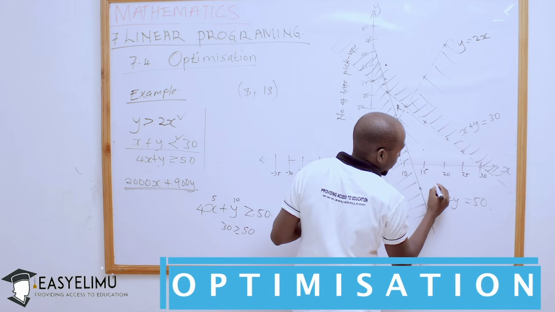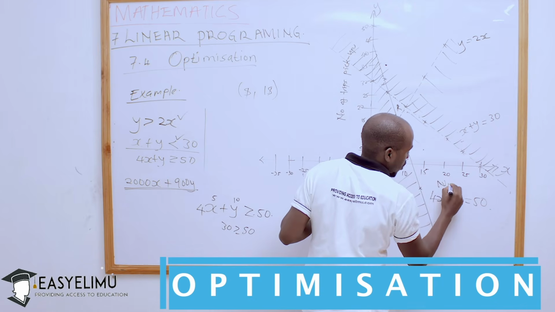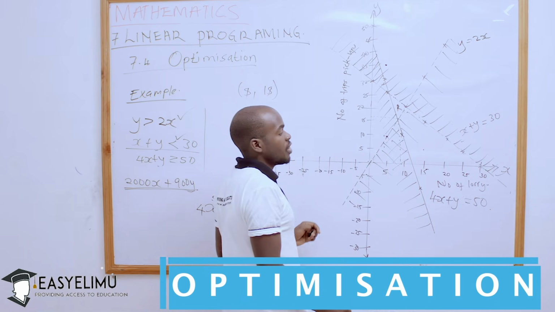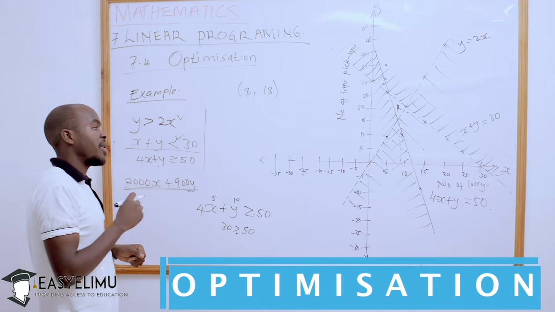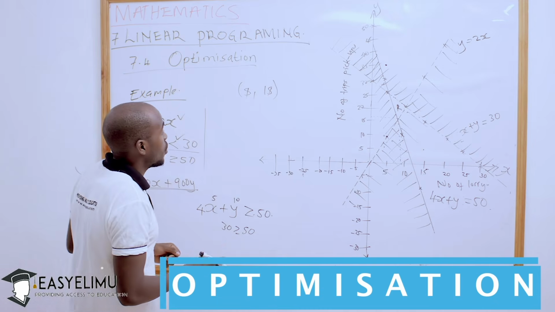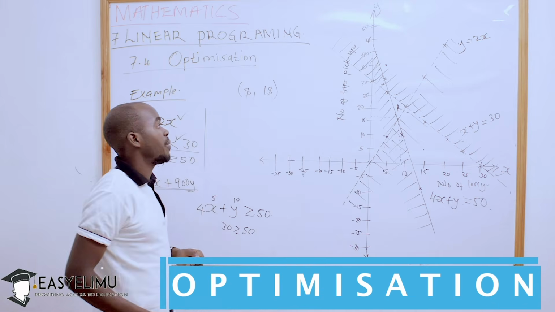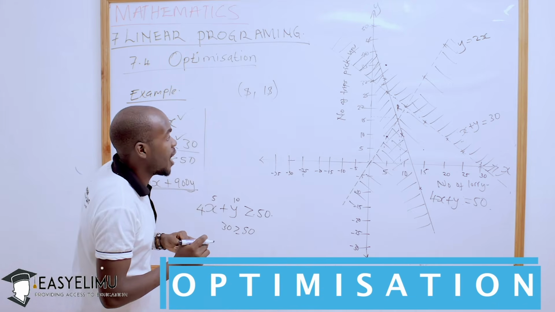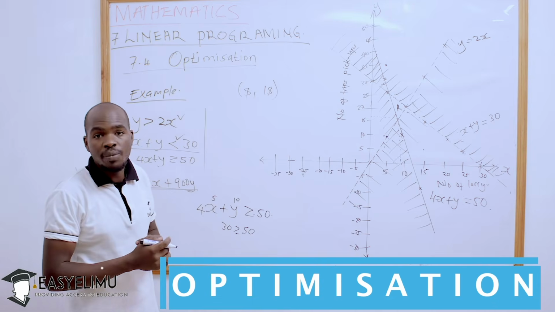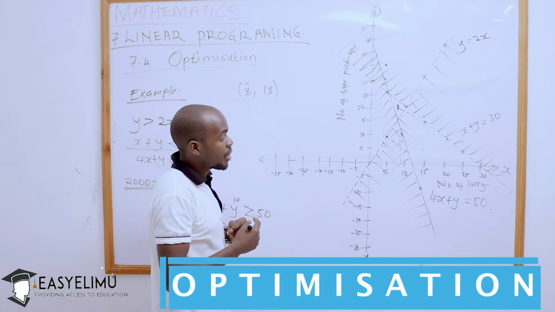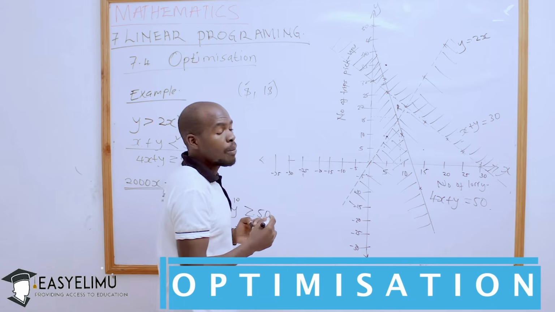And this one here is the number of trips of lorry. So the trips made by the lorry will be represented by x, and that of the pickups will be represented by y. So if you find something like 8, 18, that means this represents the number of trips of the lorry and this one is for the pickups.